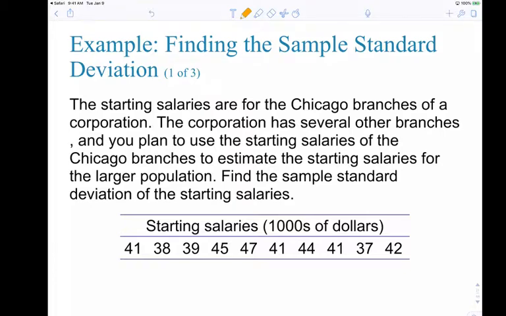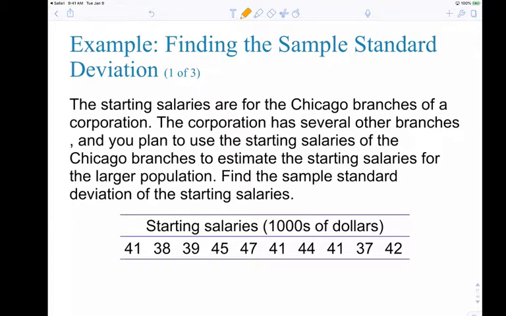Find the sample standard deviation of the starting salary. Just for the sake of time, I'm going to use what's already here. If I wasn't rushed for time, I would have you do it.